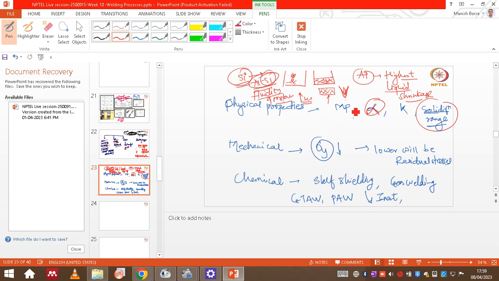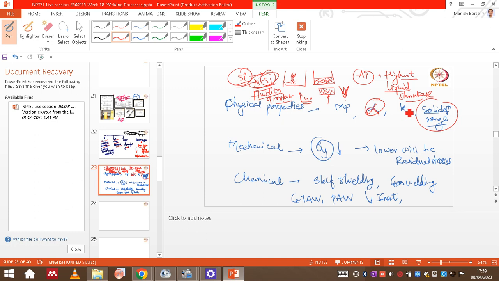So the material which has a lower melting point is, in one sense, easy to join because of the lower melting point at the interfaces. Low heat input is needed. Okay, and if their coefficient of thermal expansion is less, then the residual stresses or thermal stresses developed because of the temperature gradient will reduce, right?